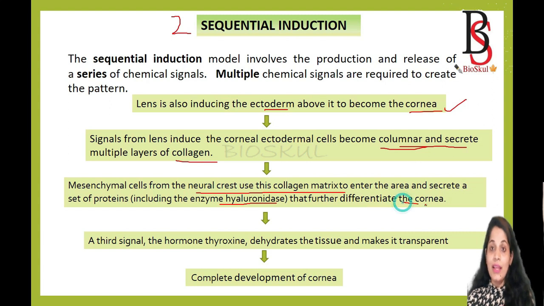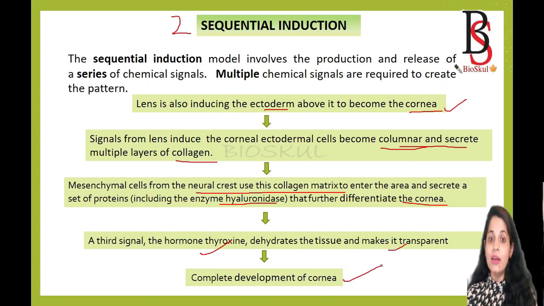Okay. Then after the differentiation of the cornea, a third signal synthesizes a hormone known as thyroxine, which helps in making the cornea transparent. Okay, and it leads to the complete development of the cornea. So for the complete development of the cornea, multiple signals act step by step, and this type of induction is known as the sequential induction.